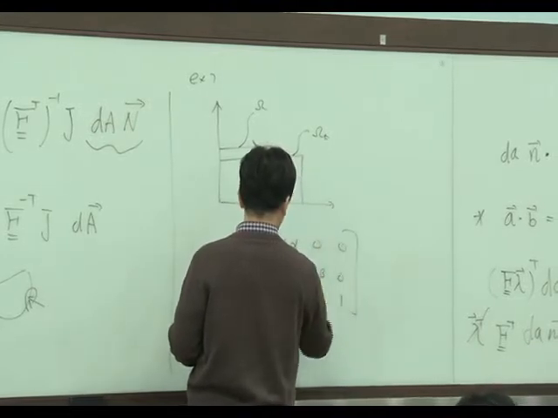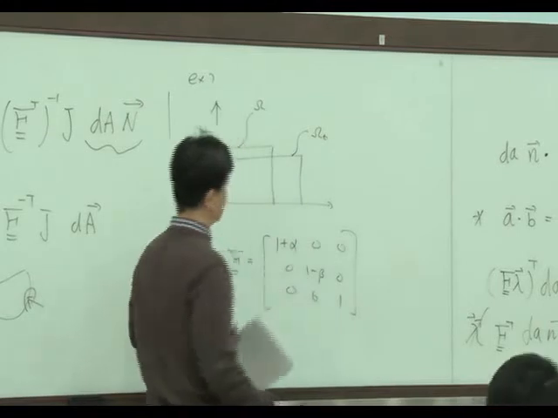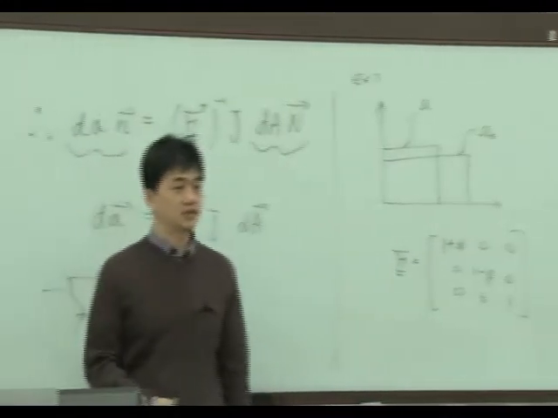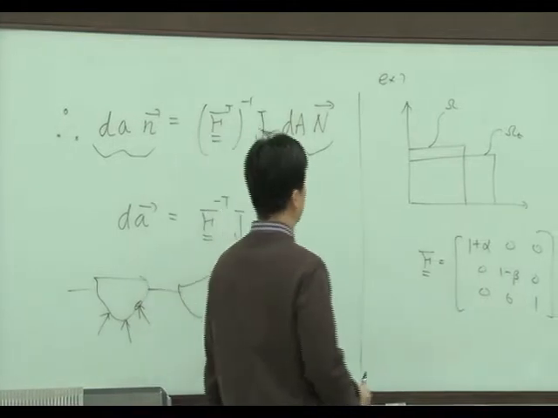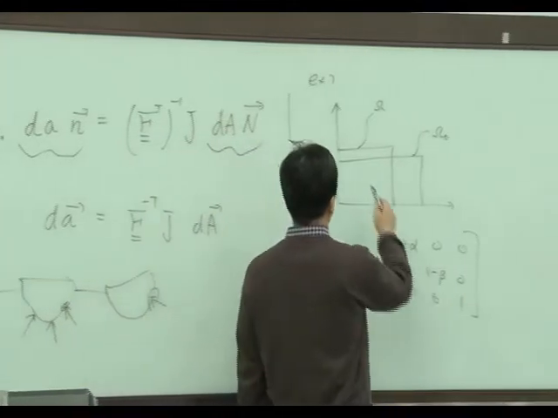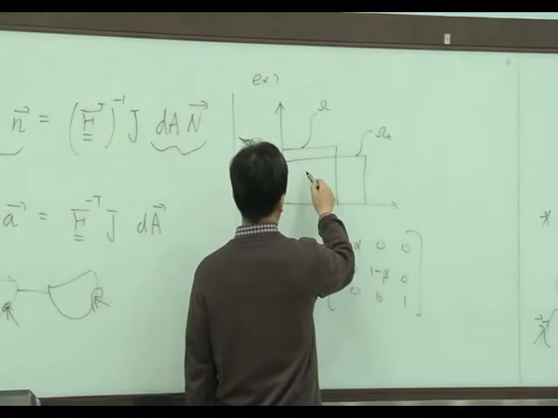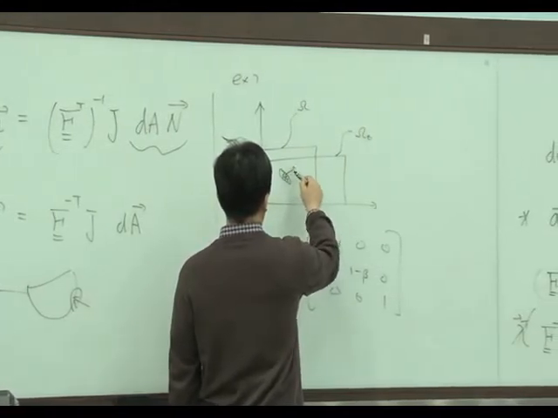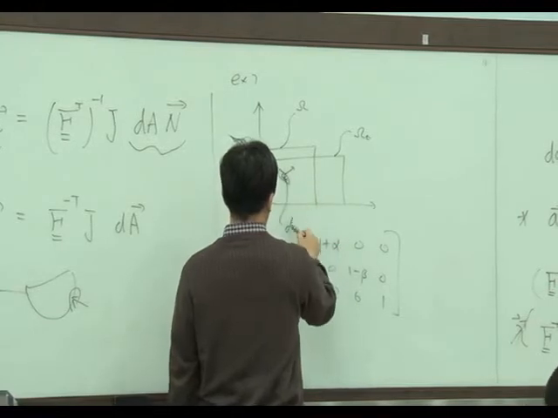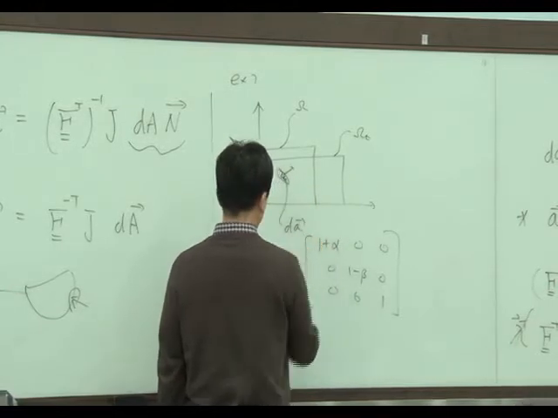And other members are 0. This was the deformation tensor, if we remember. Okay, and let's say we initially have a surface dA, this is a dA vector.